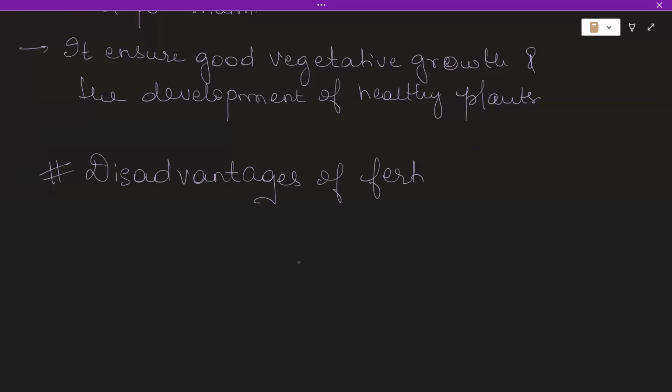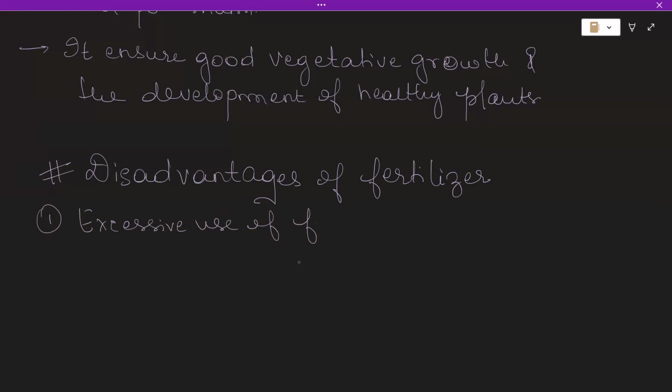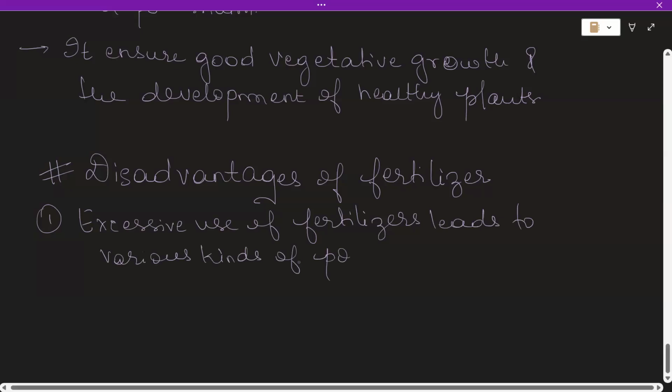First of all, since it is a chemical and not something naturally occurring, excessive use of fertilizers leads to various kinds of pollution. Pollution of what?